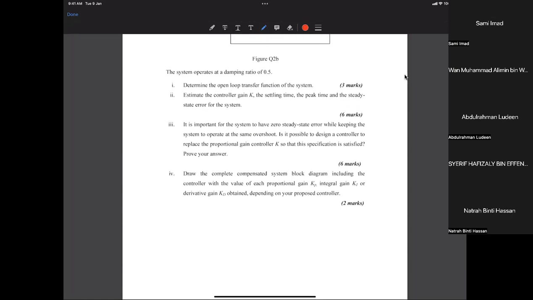It is important for the system to have zero steady state error while keeping the system to operate at the same overshoot. Is it possible to design a controller to replace the proportional gain controller K so that this specification is satisfied? Prove your answer. And last one, draw the complete compensated system block diagram, including the controller with the value of each proportional gain KP, integral gain KI, or derivative gain KD obtained, depending on your proposed controller.